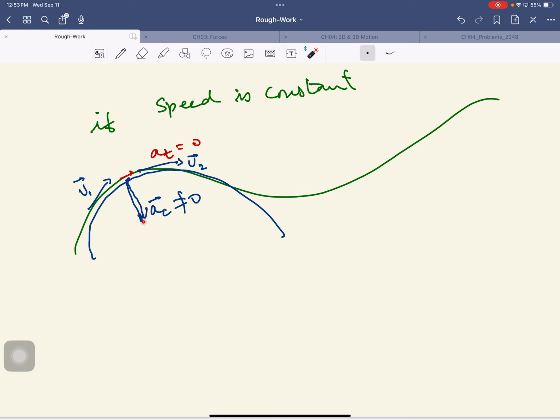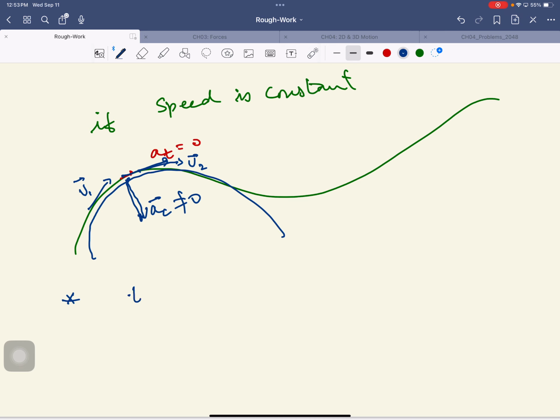You will certainly have this acceleration, but you will have tangential acceleration as well. Tangential acceleration is due to the change in speed, and the centripetal acceleration is due to the change in direction. So you have to contend with two kinds of accelerations when you are on a curved trajectory.